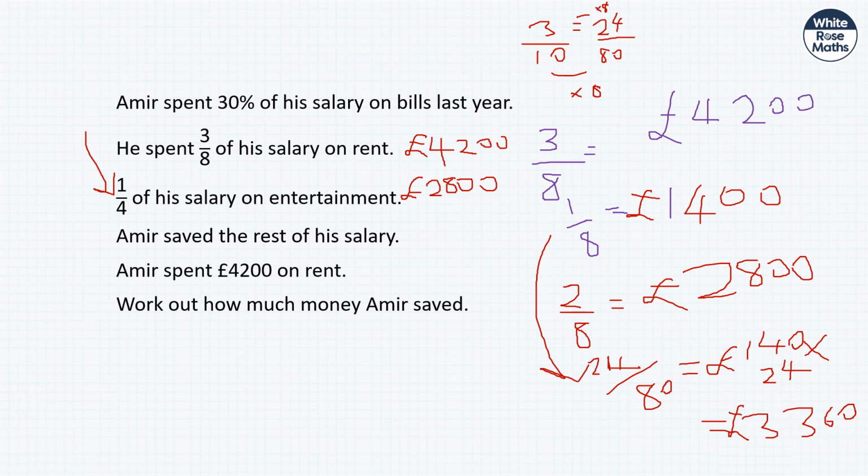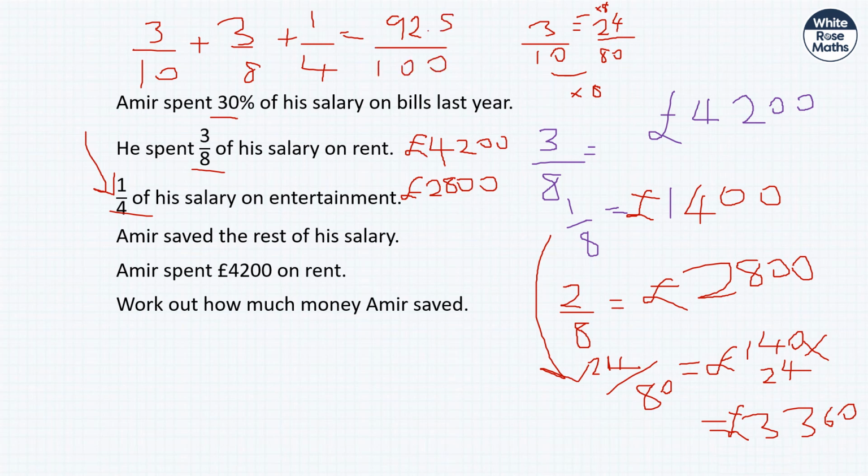So the remainder now: if I do 3/10 plus 3/8 plus 1/4, that'll tell me how much money he spent altogether. Well, that's 0.3 plus 0.375 plus 0.25, so it's 0.925, so that'll be 92.5 out of 100.